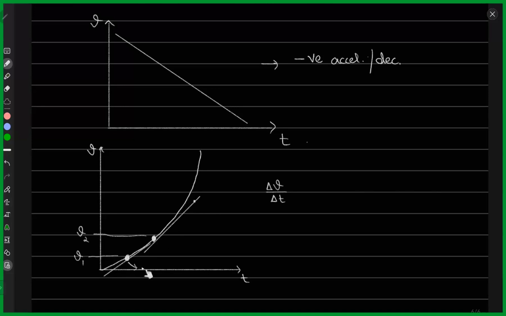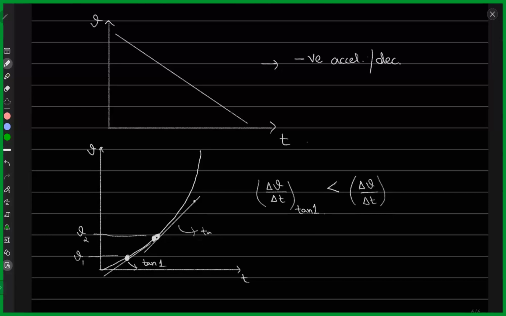Suppose for this tangent, let's call it tangent 1, you would get a value for acceleration, which would be smaller than the change in velocity by change in time if I do it at this tangent. This one.